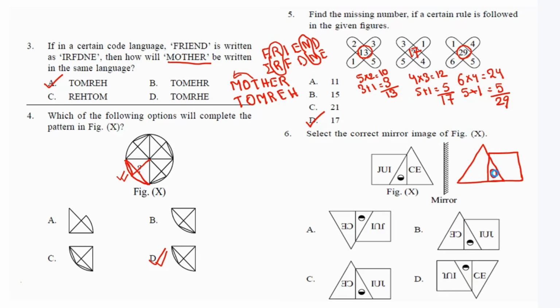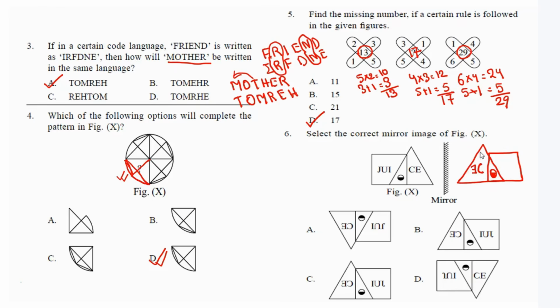This one will be half shaded, like this. This CE will look like, mirror image E will be like this and C will be this. Okay. And sorry, C will be the opposite way.